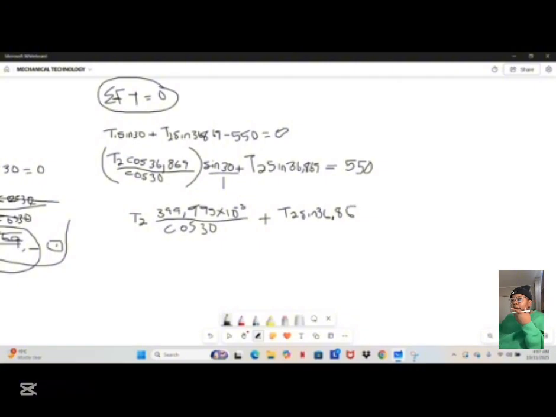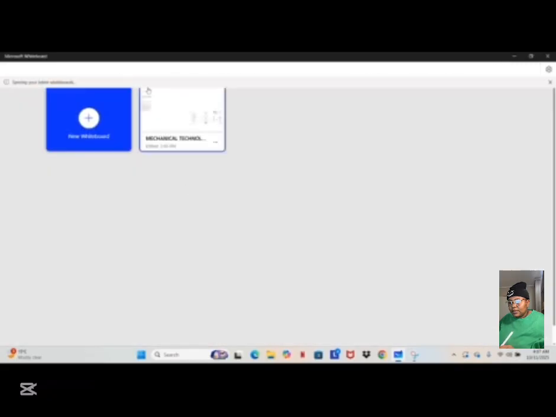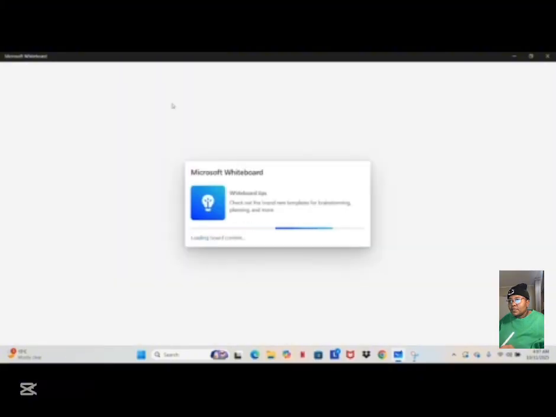This is how we're gonna be solving this, right? And then we're gonna take out the common factor between the two, and then we are going to get our answer, which is, let's multiply the whole thing.